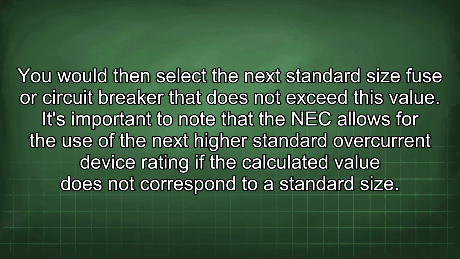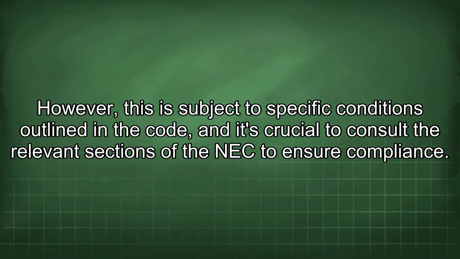It's important to note that the NEC allows for the use of the next higher standard overcurrent device rating if the calculated value does not correspond to a standard size. However, this is subject to specific conditions outlined in the code, and it's crucial to consult the relevant sections of the NEC to ensure compliance.